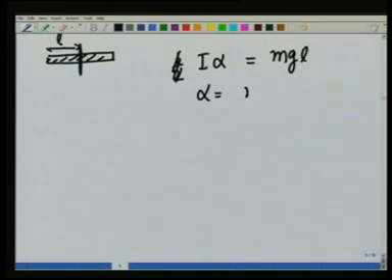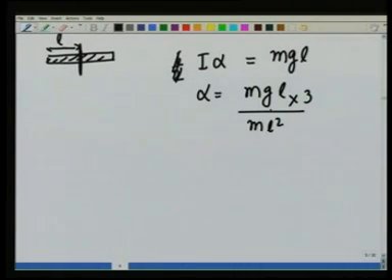Alpha would be equal to mgL divided by I, which is m L square over 3. L drops out, m drops out. So the angular acceleration is roughly 3g over L.